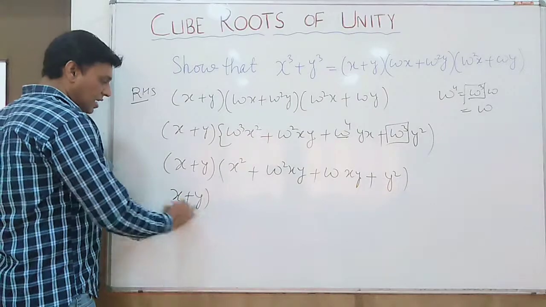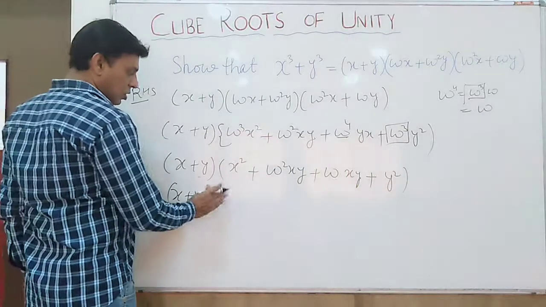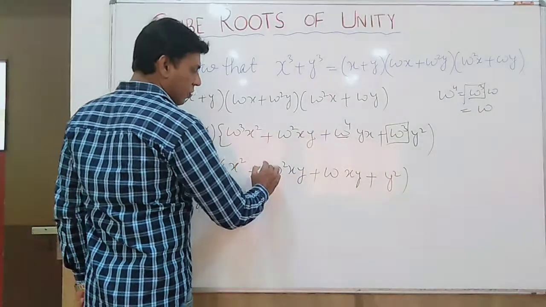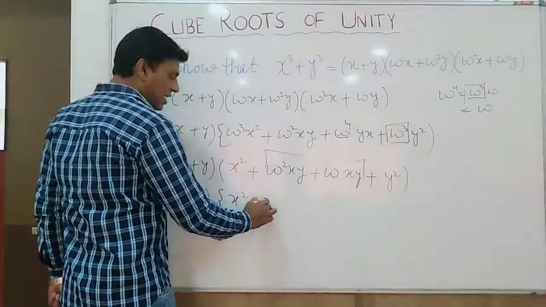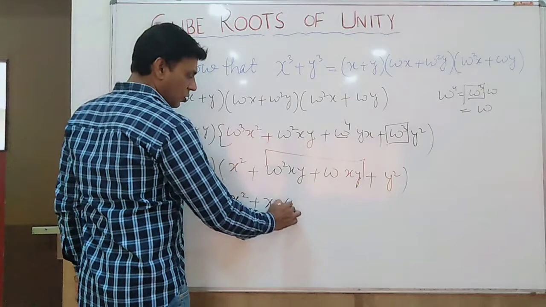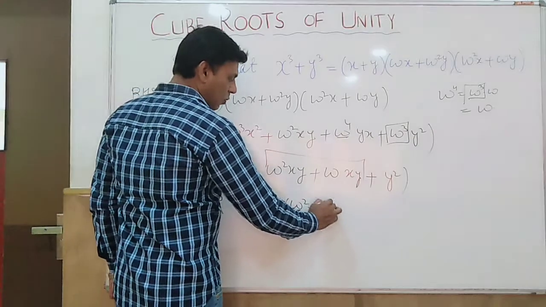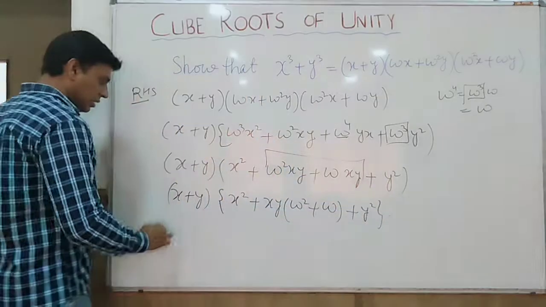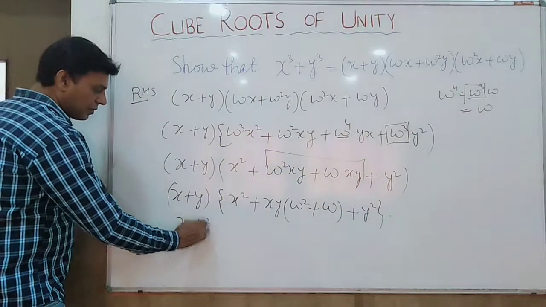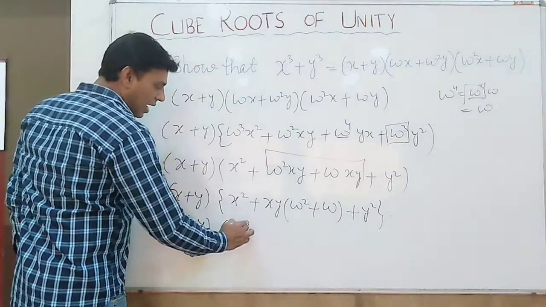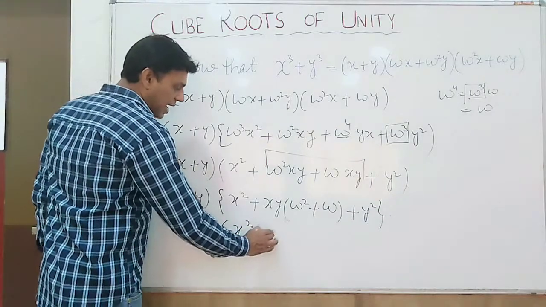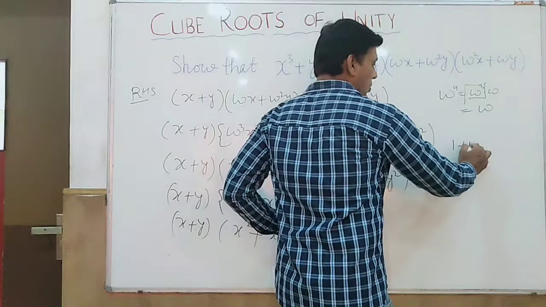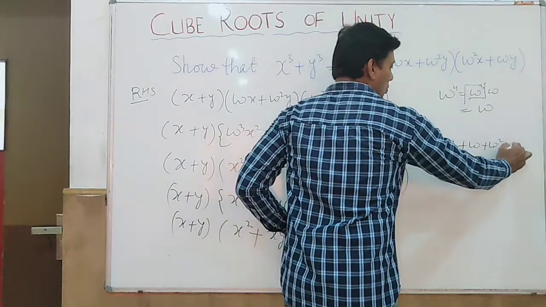Now x plus y. So x square as it is. So from these two terms we can take xy as a common. So we will have omega square plus omega, and plus y square. Now x plus y, x square plus xy, and you know 1 plus omega plus omega square is equal to 0.